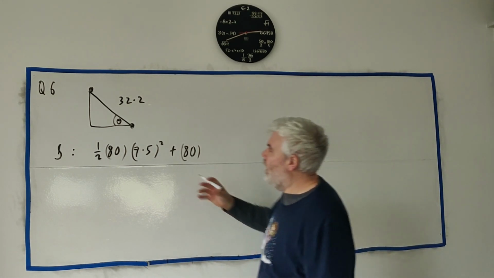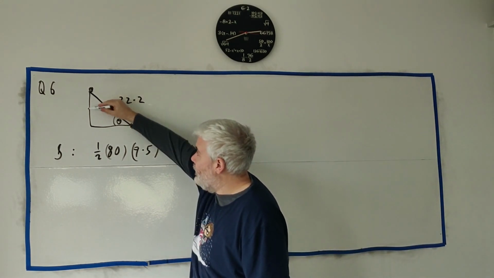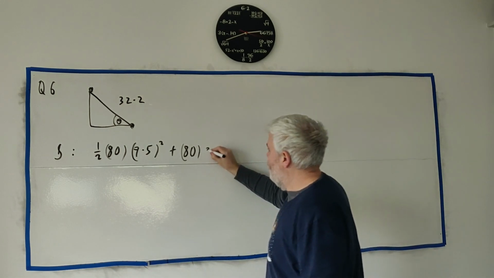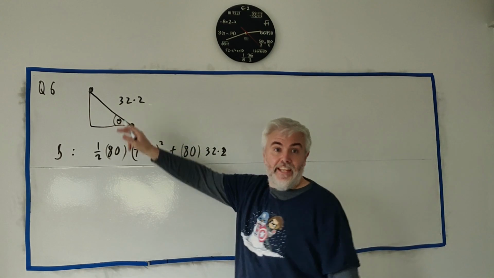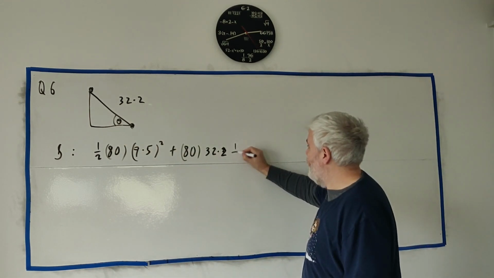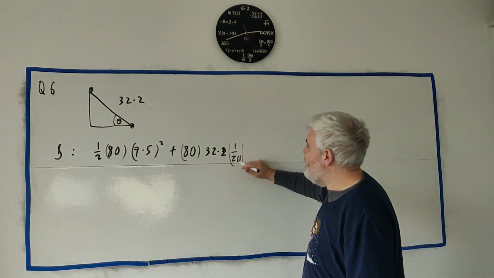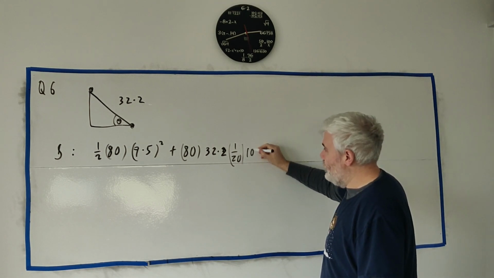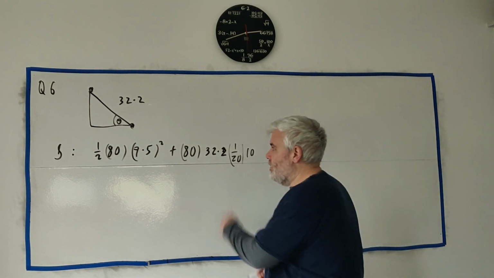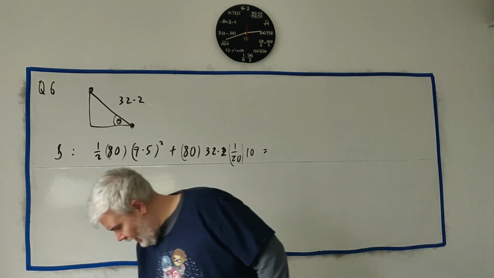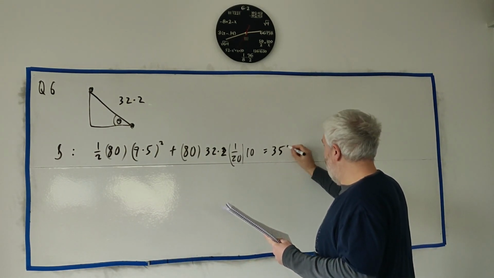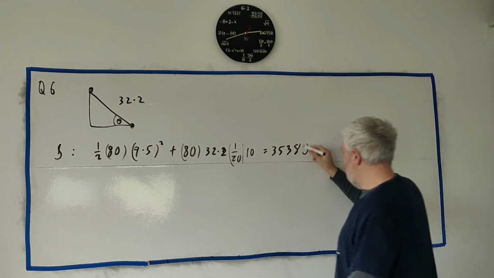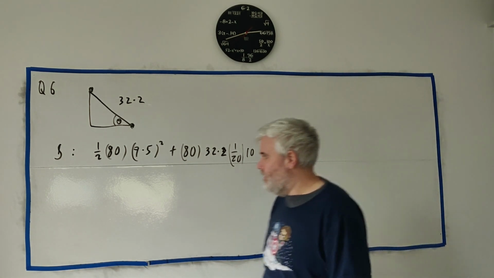Her height is 32.2 multiplied by sine of this angle, which they tell us is 1 over 20. That's her height times gravity, which is another 10. That's the energy at the start. Put all that into a calculator, and we get 3,538 joules. That's how much energy was at the start of the system.